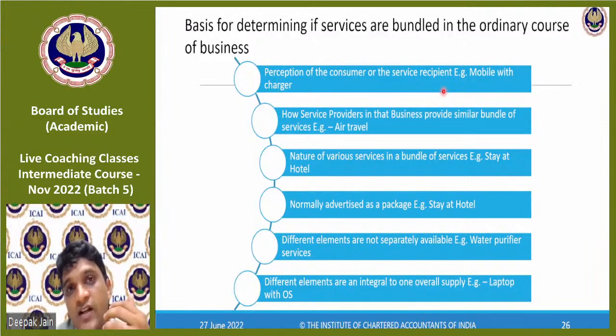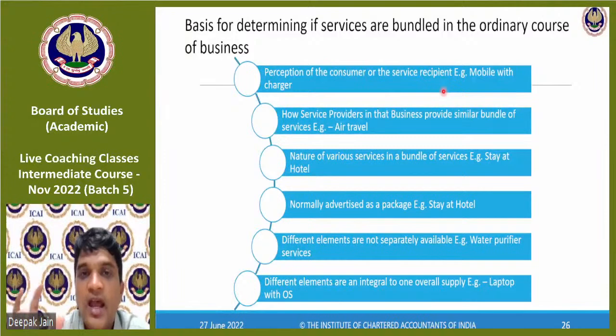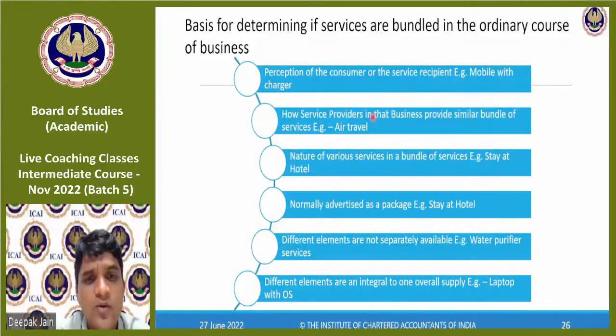I cannot bifurcate the value. I am supplying your mobile for 10,000 rupees. Now I cannot bifurcate the value. So 10,000 plus 18% will apply, not 10,000 plus 28%, because it's a composite supply and the principal supply is of mobile. Since the principal supply is of mobile, I will charge you 18% because that's the rate for the mobile supply.